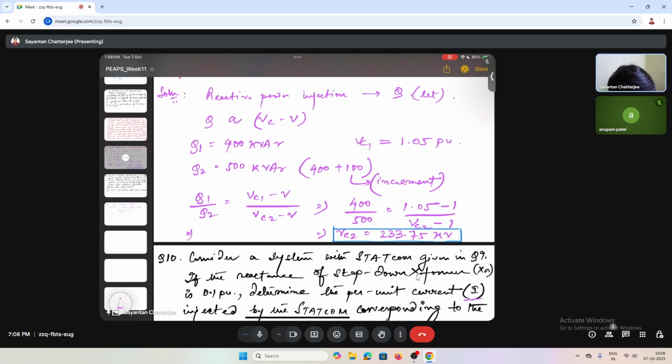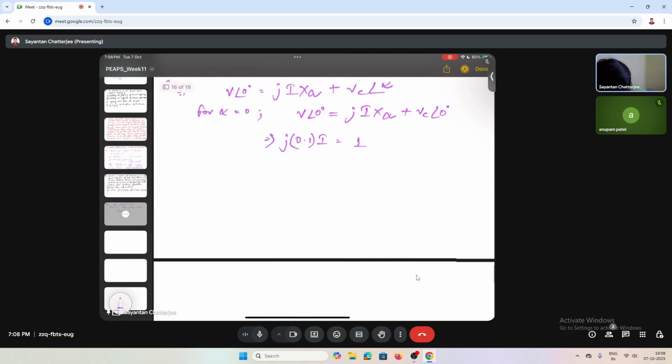So if we just see the VC2 in per unit for 500 kVAR, it will be 0.0625 per unit, which is equivalent to this point multiplied by 200. So 1 minus VC is 1.0625. Okay, so I can be obtained as 0.0625 minus by J 0.1.